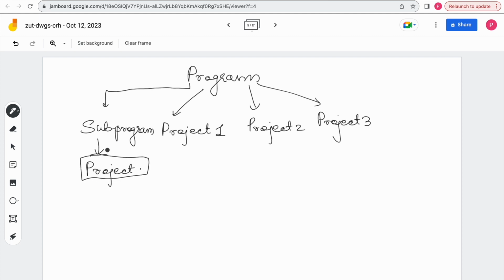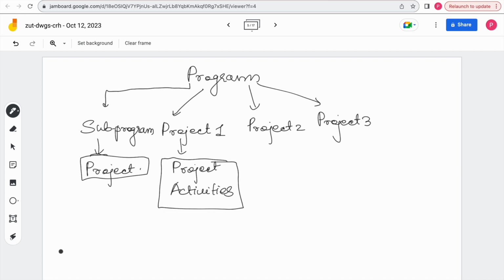Or there is one more thing, that under project there will be certain project activities, right? In order to complete the project, we are going to do some or the other activities. So this is project activity.